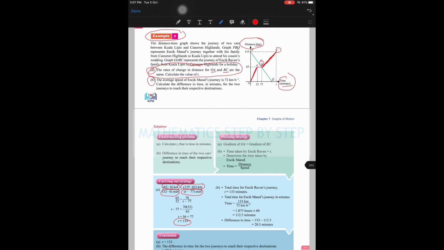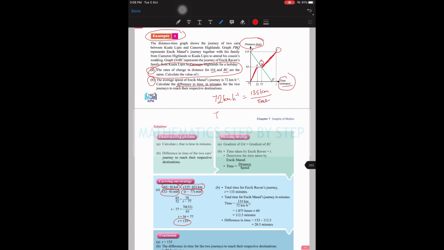Then part B. The average speed of Encik Manaf's journey is 72 km per hour. So now we are going to look at the green line. So the speed is given, 72 km per hour. Calculate the difference in time in minutes for the two journeys to reach their respective destination. So now we know that the distance traveled is 135 km, and the time taken we don't know. Let it be time.